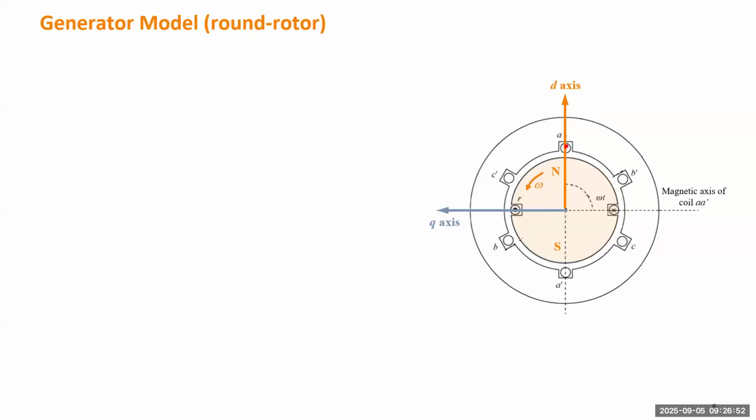Okay, so next we can define the initial time. Since we're going to use the cosine function to model the flux linkage, if we trace back 90 degrees, when the D axis is pointing in this direction, that will be the starting time. So right now, this picture is not the starting time. We let t be 0 when the N pole, which is the D axis, is aligned with winding A. So when D is parallel with this direction, that is time 0.